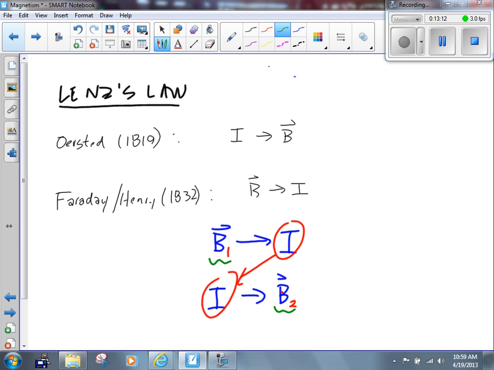So far, so good. Really, all we've done so far is Ørsted and Faraday, right? A magnetic field makes a current, which makes a magnetic field. Now we have two magnetic fields. And here's the big thing with Lenz's law.